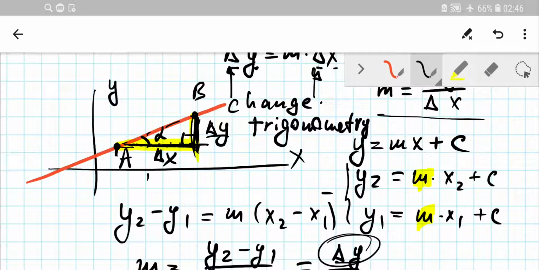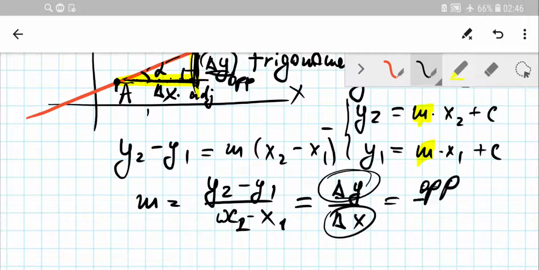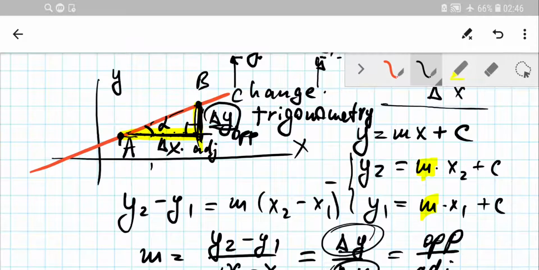Remember, trigonometry is about how two sides connect with the angle. Change in y is opposite relating to this angle, so this is the opposite side. This is the adjacent side. If we take opposite over adjacent, what does this stand for?